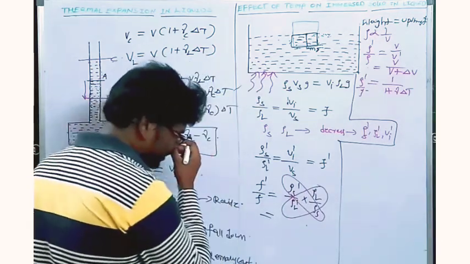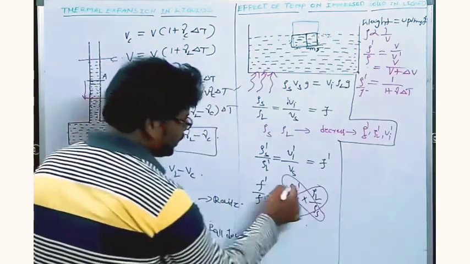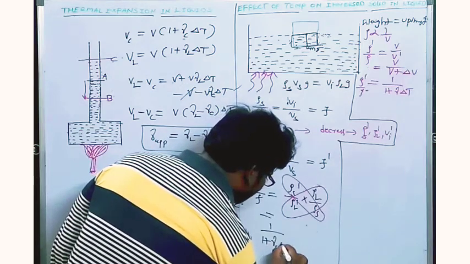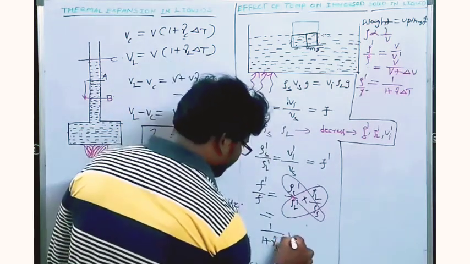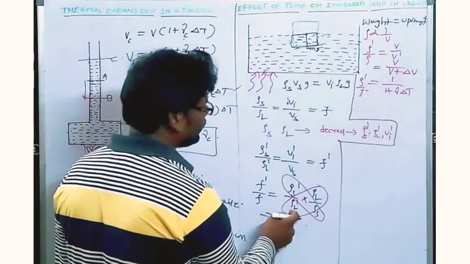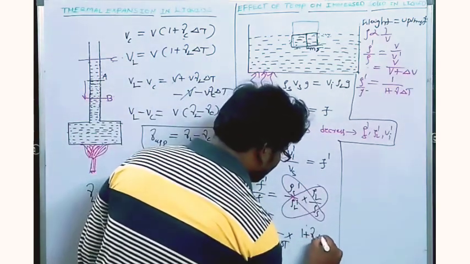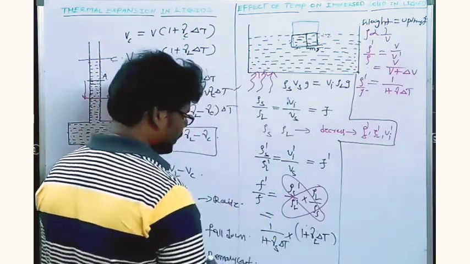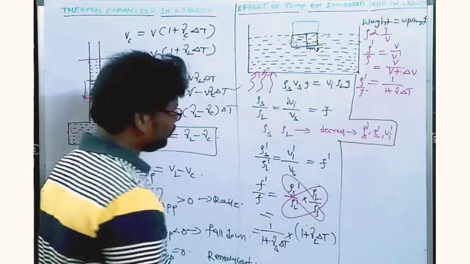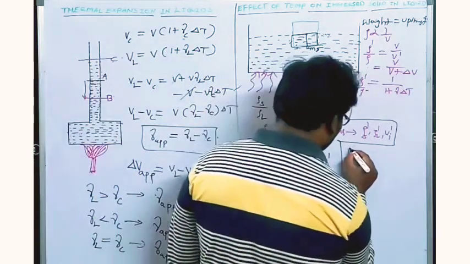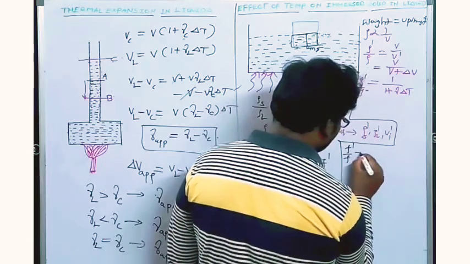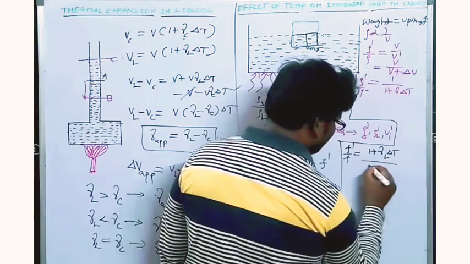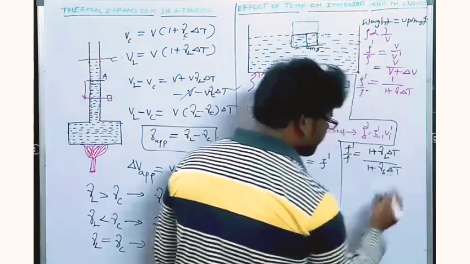So rho S dash by rho S is 1 by 1 plus gamma S delta T, and rho L by rho L dash is 1 plus gamma L delta T. So finally we can write F dash by F is equal to 1 plus gamma L delta T by 1 plus gamma S delta T, right?